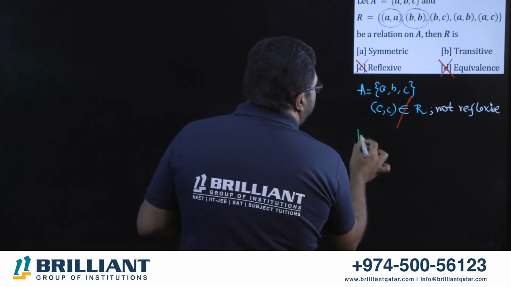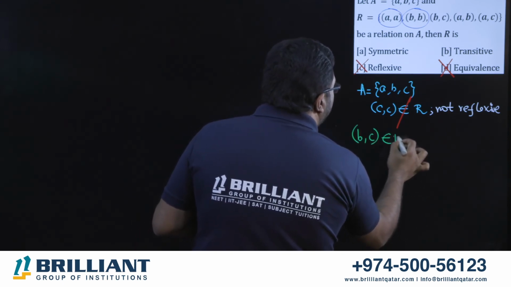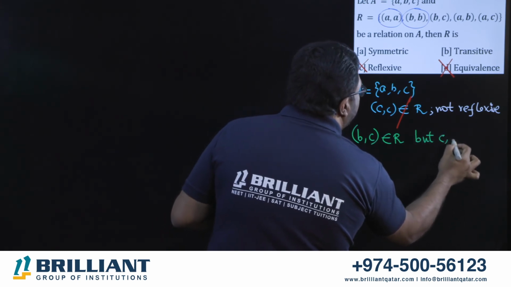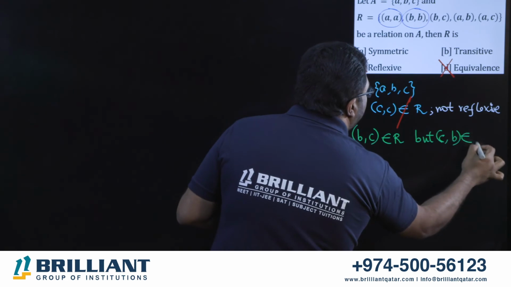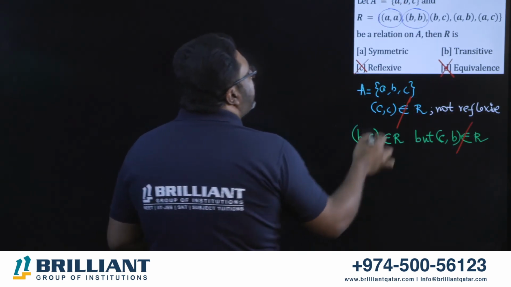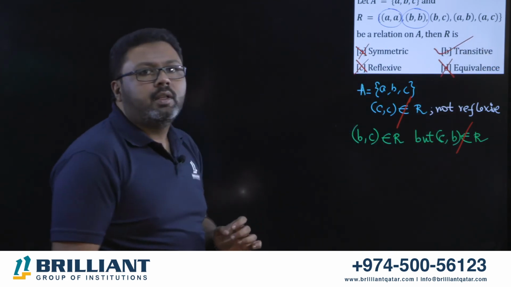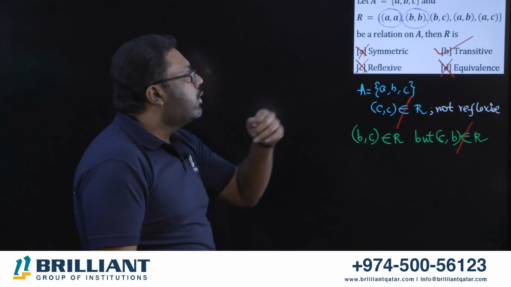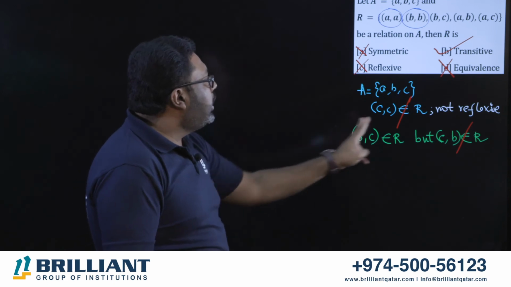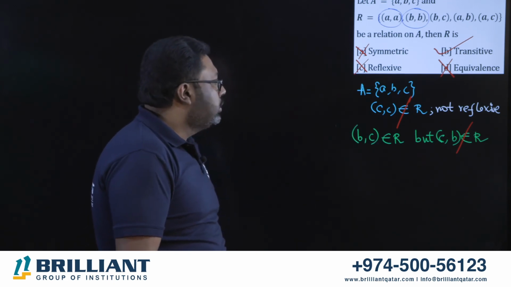Look at the pairs. (b,c) belongs to R, but (c,b) does not belong to R. So it is not symmetric. Then I don't have to check. I can say my answer is transitive. You can just check the condition for transitivity. It's going to be a simple answer. The three options are rejected, so the fourth option: it is transitive. Next question, please.